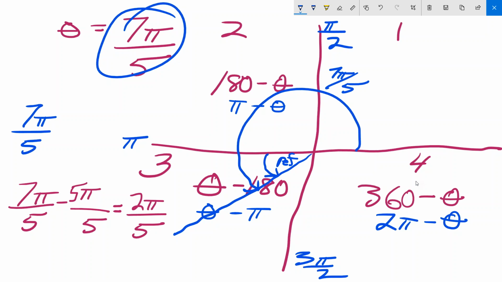Okay? So that smaller blue arc is 2 pi over 5. That is the reference angle. And these equations that I put in quadrant 2, 3, and 4 give you precisely the reference angle. What I always call the equivalent first quadrant angle is the way I have referred to the reference angle.